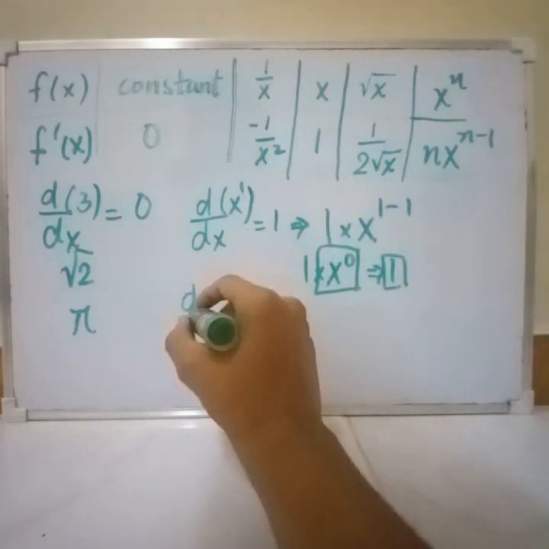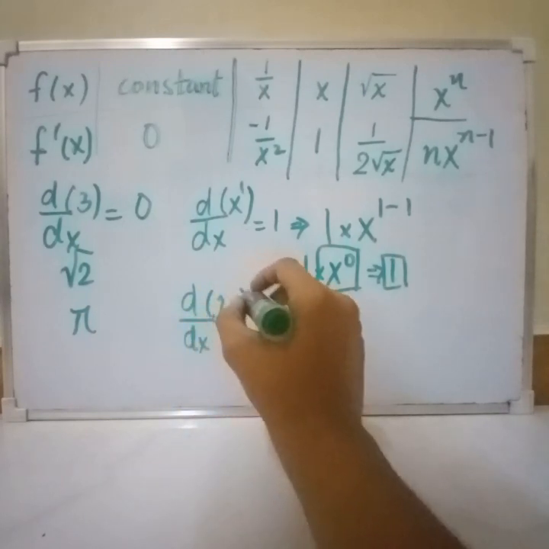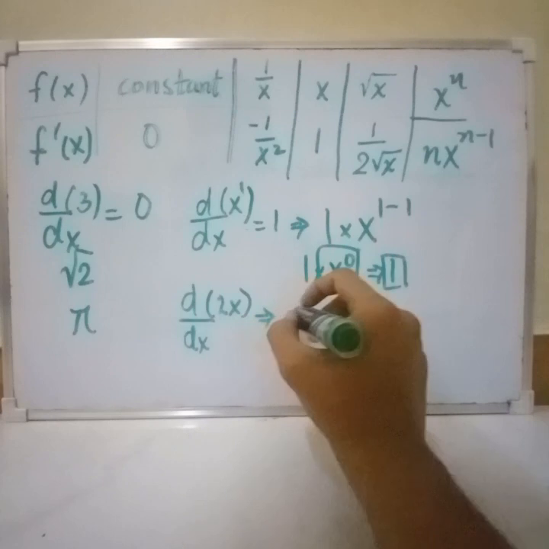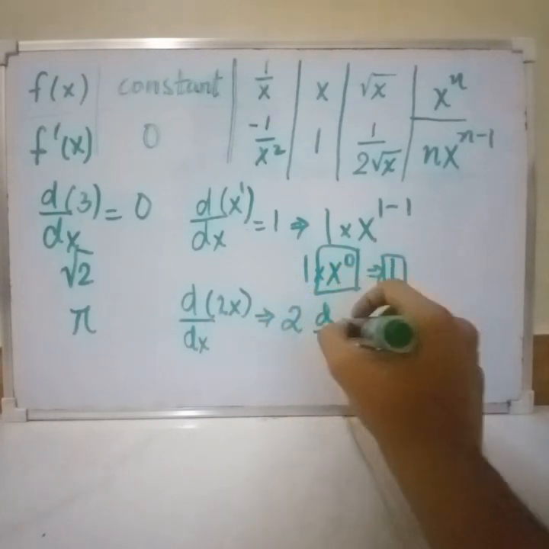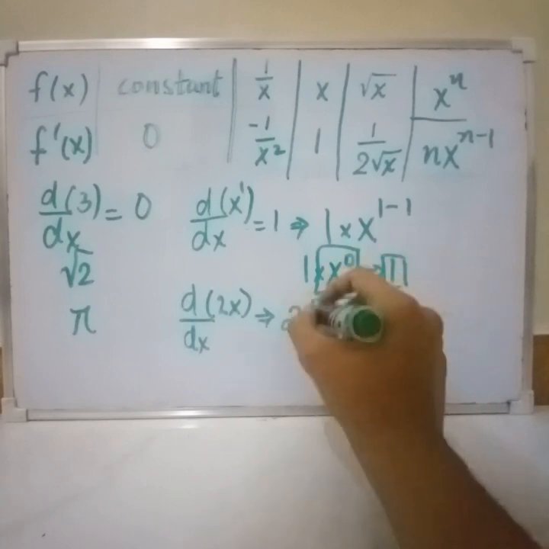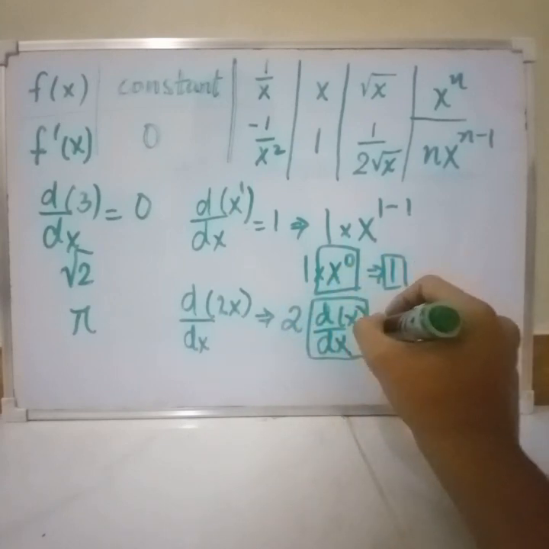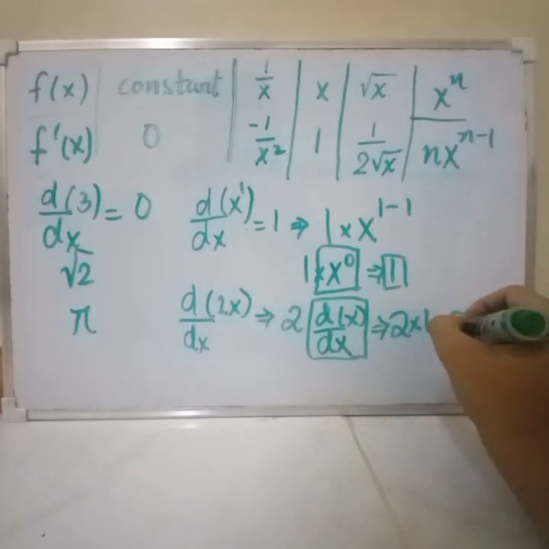If they are asking the derivative of 2x, in this case we can take the 2 outside the derivative and just take the derivative of x. This part will be 1. So it will be 2 into 1, so the answer will be 2.